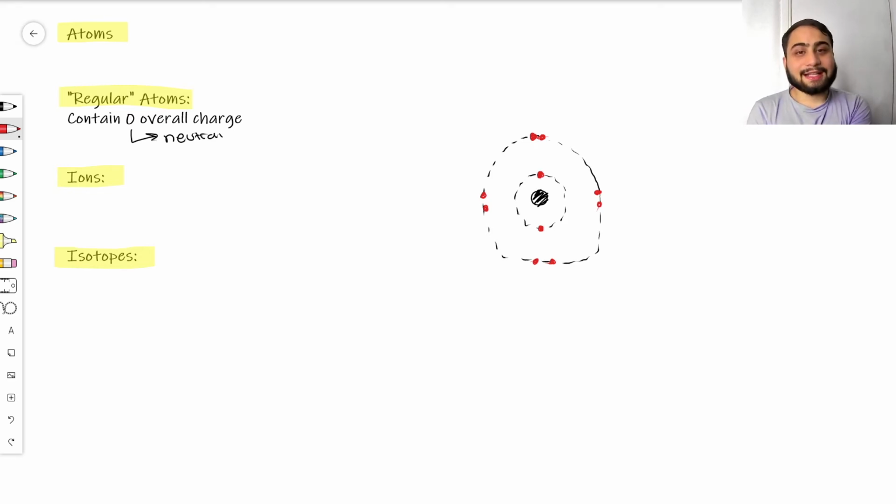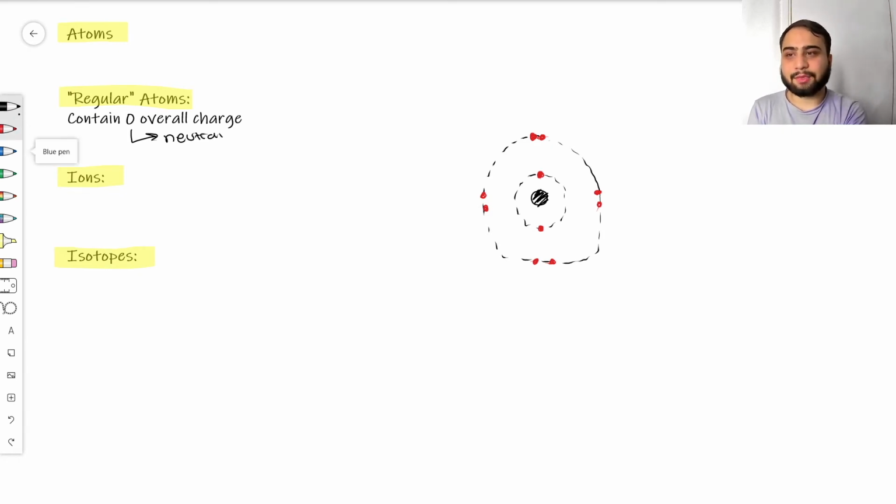Now ions has to do with whether an atom has gained or lost electrons. So if we go back to electricity and think about the process of ionization, that was when strong electric fields can strip away electrons from the outermost shell of an atom, leaving it charged.